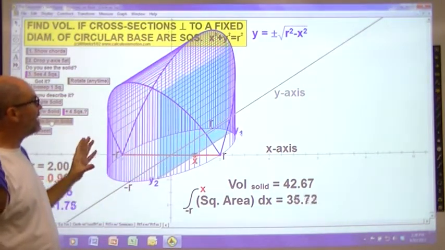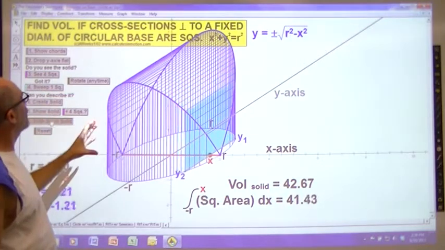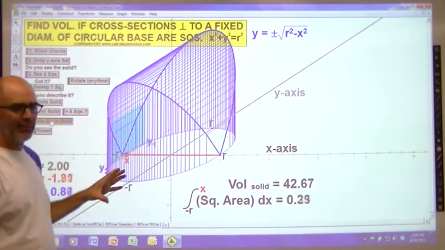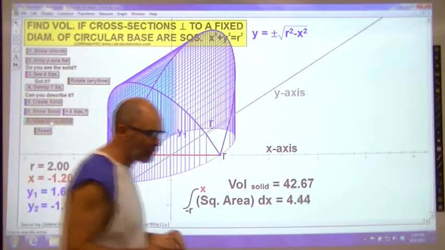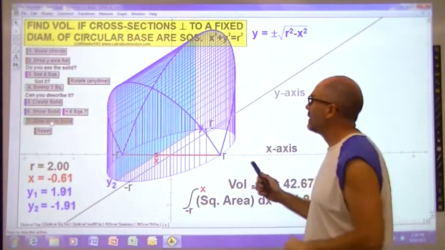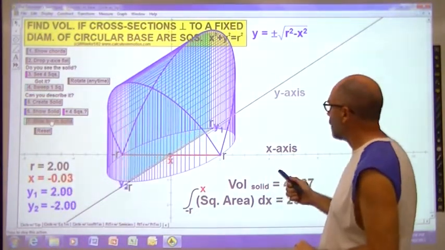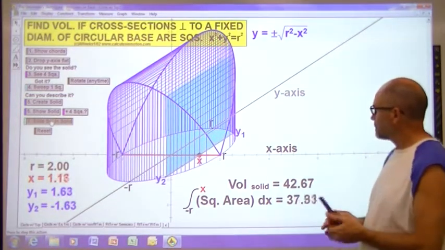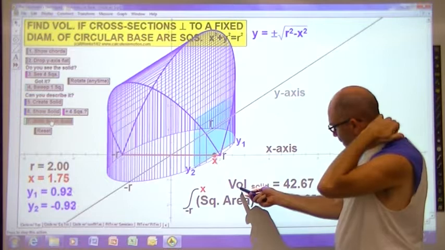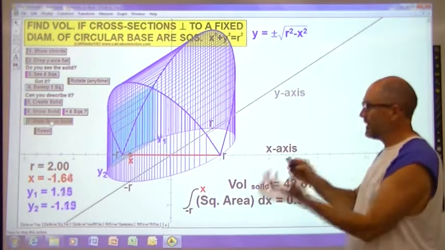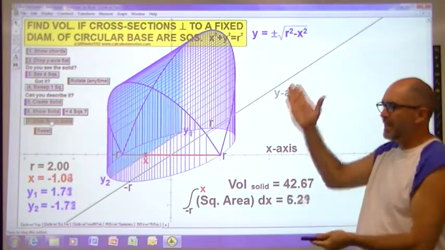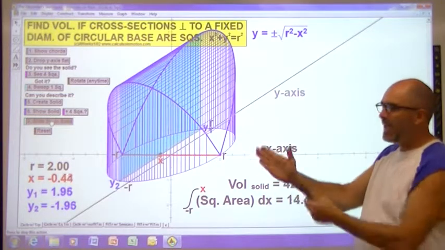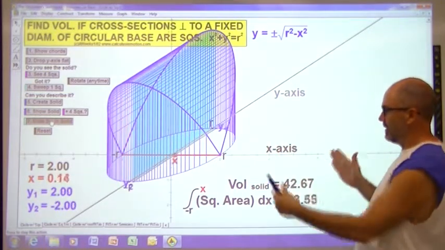So this is called volume of cross-sections. This is different from volumes of rotation. And it also has a different way of calculating the volume. Notice the volume of the cylinder is going to be the area of the base times the height.